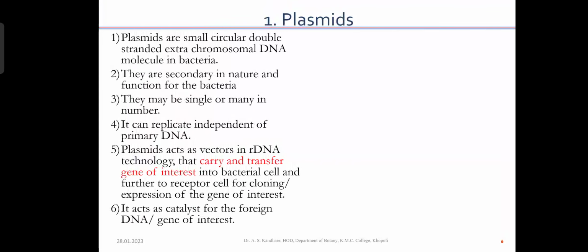It acts as a catalyst for foreign DNA and for the gene of interest. So it is a vehicle, isn't it? So therefore, this is the common type of vector called plasmid.